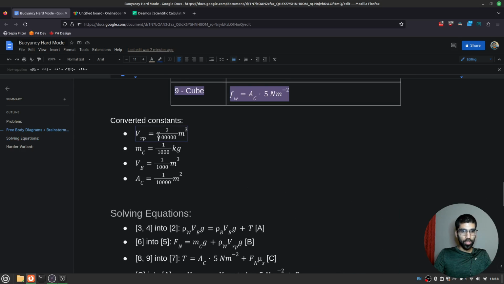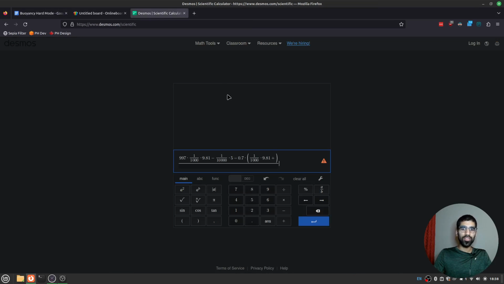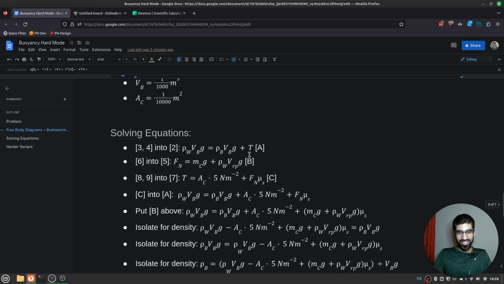The volume of the rectangular prism, which is 300 thousandths. Okay, so 997 for the density of water times 9.81 for the gravitational constant times, we finally have 300 thousandths of a cubic meter. And that's the top part of the fraction done.